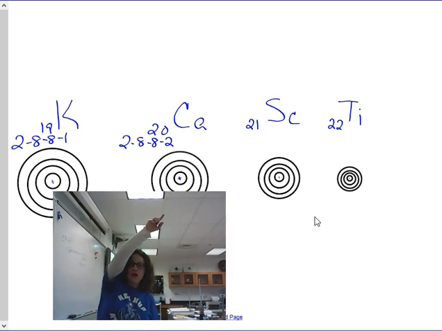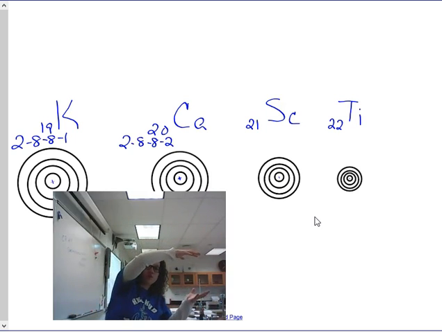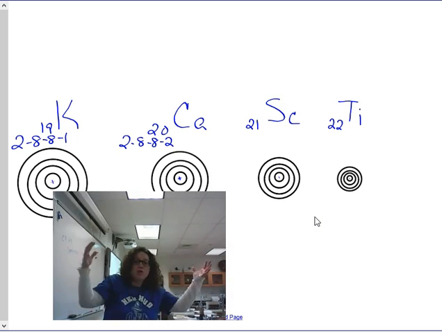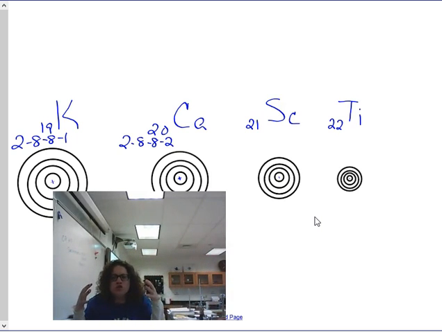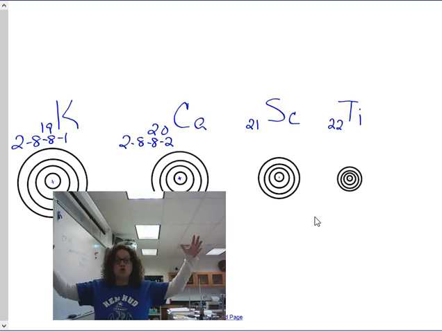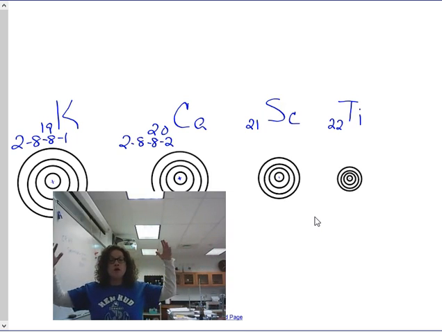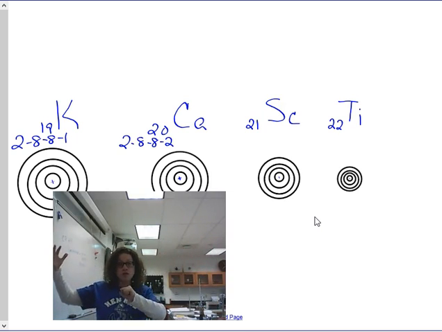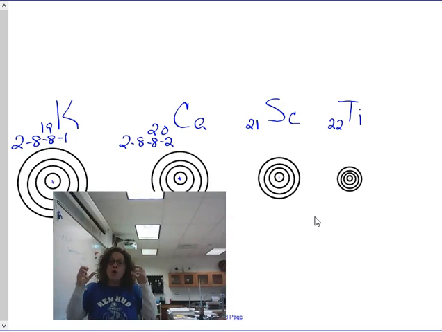Calcium has 20 protons pulling on the electrons, so the radius will be smaller. Scandium has 21 protons, so it will be smaller. Titanium has 22. So the more protons, the smaller the atom is because there's a greater pull from the protons in the nucleus on the electrons. Same number of orbitals, but those orbitals get closer and closer toward the nucleus, pulling on them.